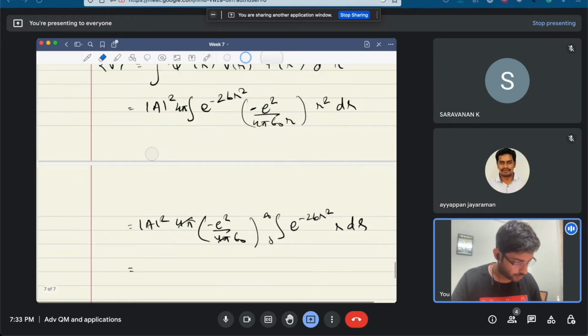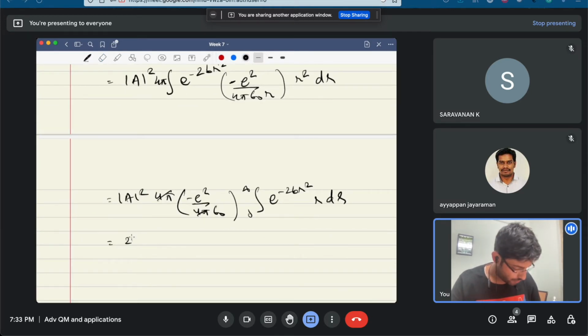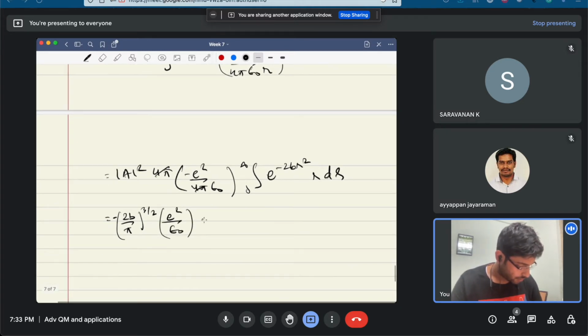So we put the mod a square, which is 2b by pi 3 by 2. We have e square epsilon naught, and from the integration we get 1 by 2b is 2 is 1. This is nothing but 1, so we have 1 over here, 1 plus 1 by 2, which is 1.